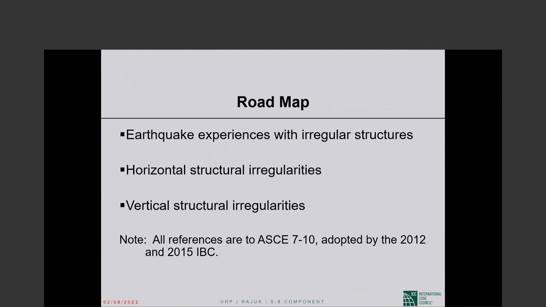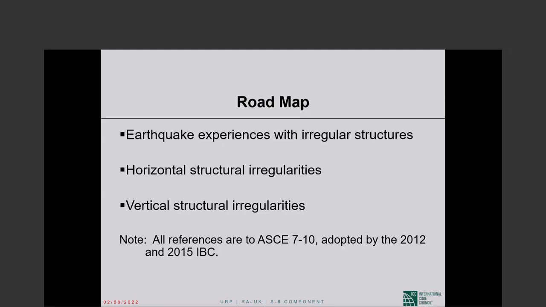Anyway, so this is what we will look at in this segment: earthquake experiences with irregular structures, horizontal structural irregularities that came up in discussion yesterday, vertical structural irregularities. I showed you the lists from BNBC, which are the same as from ASCE 7. And in this segment, all references are to ASCE 7-10 rather than 7-05. 7-10 was adopted by the 2012 and 2015 IBC.